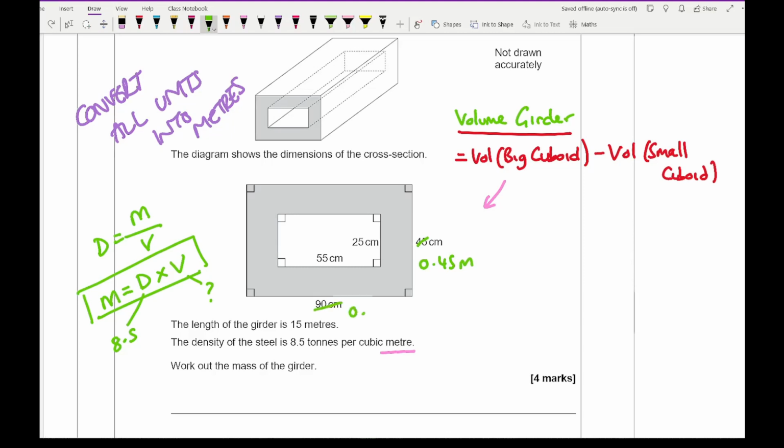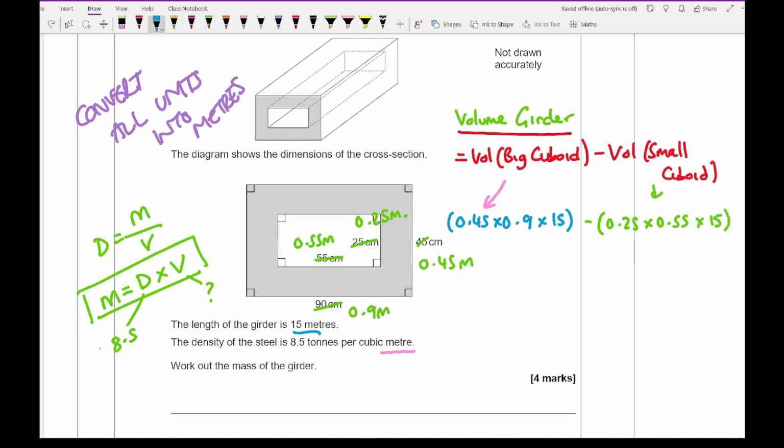This is going to become 0.9 meters. This is going to become 0.55 meters. And this is going to become 0.25 meters. So working out the volume of that large cuboid, it's going to be 0.45 multiplied by 0.9 multiplied by 15. And then working out the small cuboid, so minus, that's going to be 0.25 multiplied by 0.55 multiplied by 15.